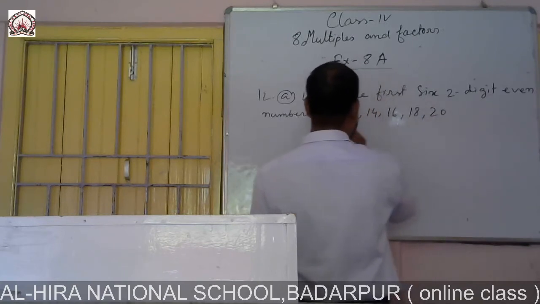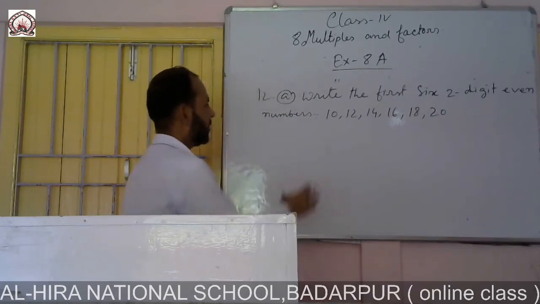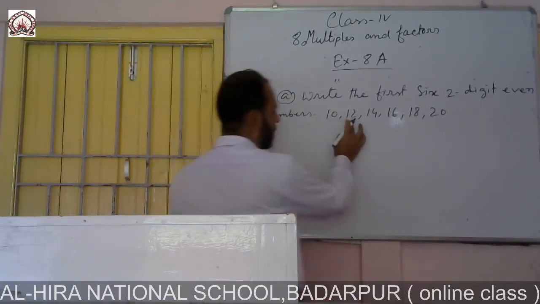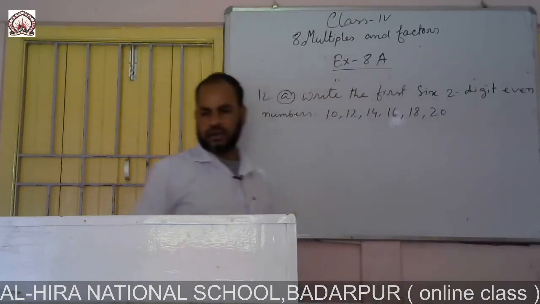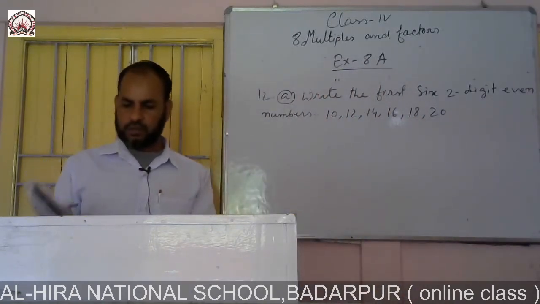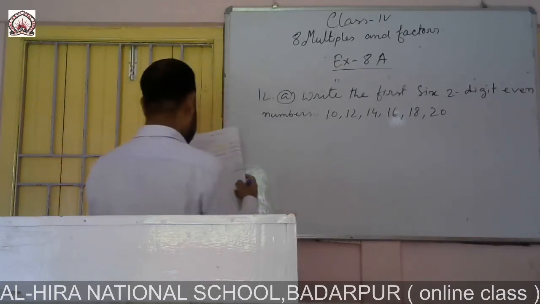So 6 finished: 1, 2, 3, 4, 5, 6. So 10, 12, 14, 16, 18 and 20 are the first 6 two-digit even numbers. Next.